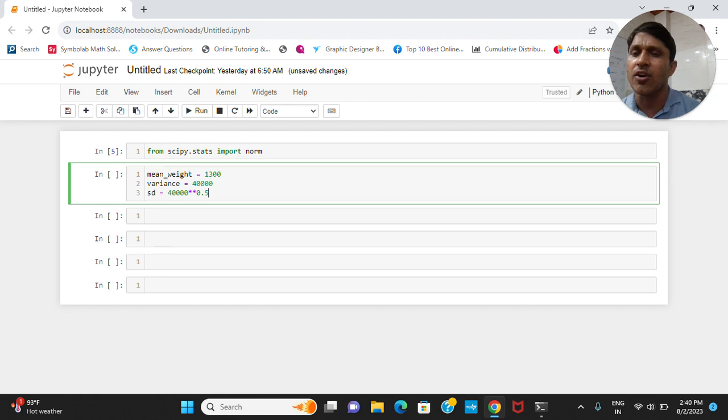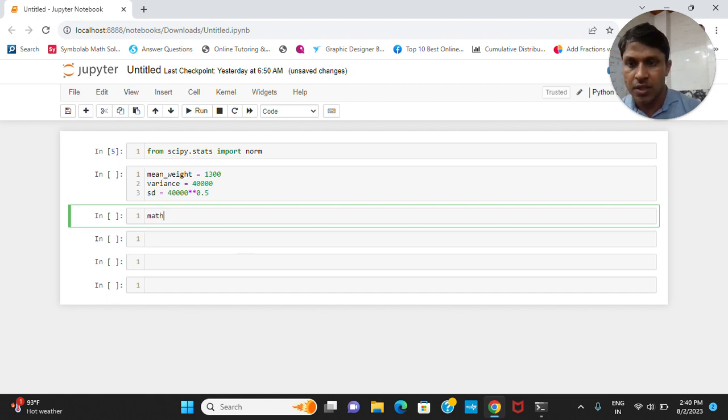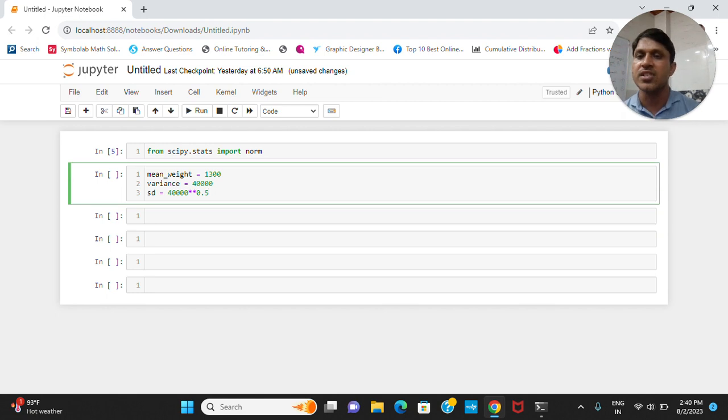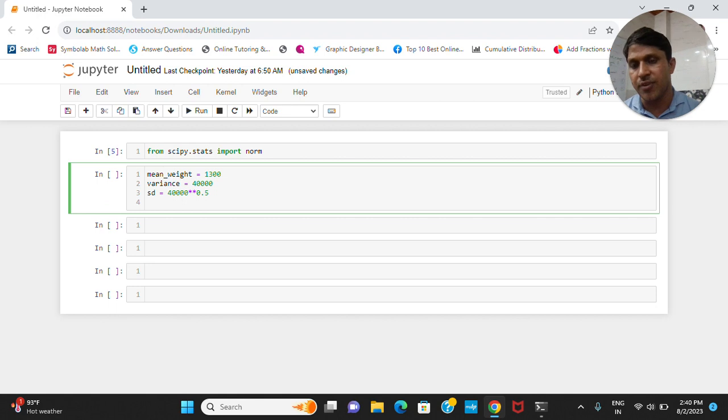I can also use the math module of Python, math.sqrt, to calculate the square root. It will give the same value, so it doesn't matter which I use. But I am using the exponential form, right? So here I've got the standard deviation.